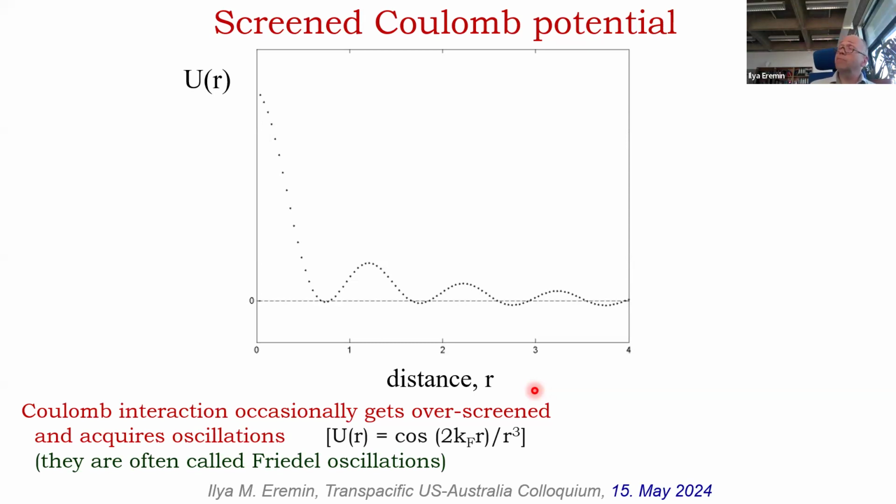But you also know that because you have a Fermi step function at low temperatures, you will also get, in addition to the usual screening, some overscreening. So if you look at the behavior of your Coulomb potential as a function of the distance, you will see that there will be a tiny region where the Coulomb interaction gets overscreened. So it actually becomes effectively attractive. And these are known under the name of the Friedel oscillations.